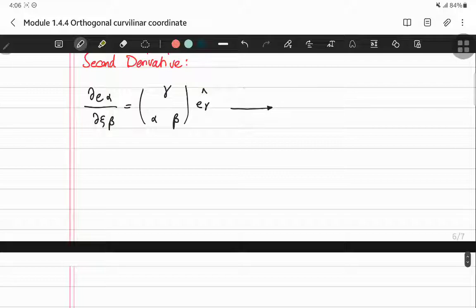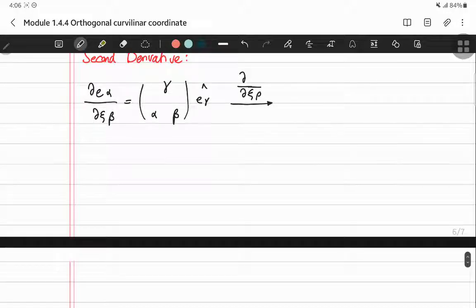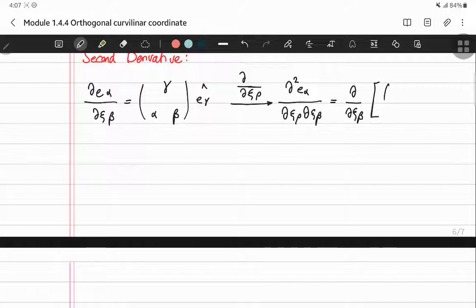So if I take the derivative of this with respect to, let's say, rho, I'm going to have second partial derivative of E alpha with respect to Z rho and then Z beta is equal to partial derivative of this whole expression with respect to beta, the Christoffel symbol and E gamma.